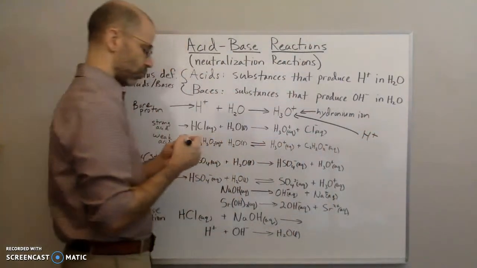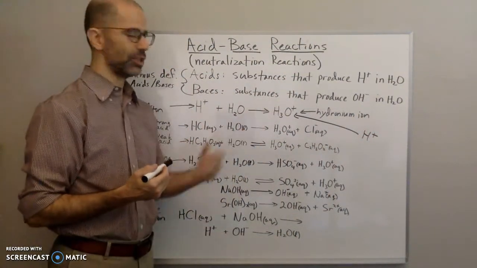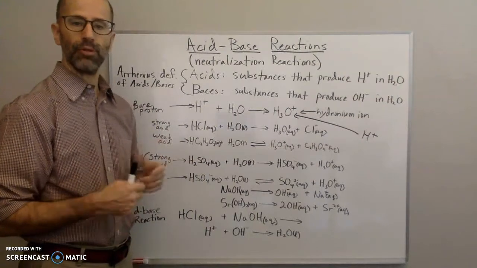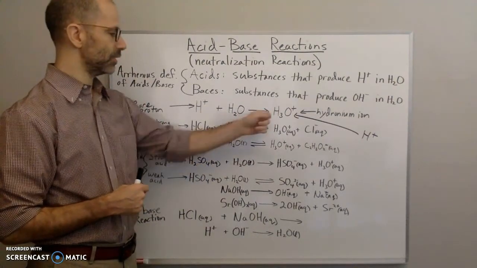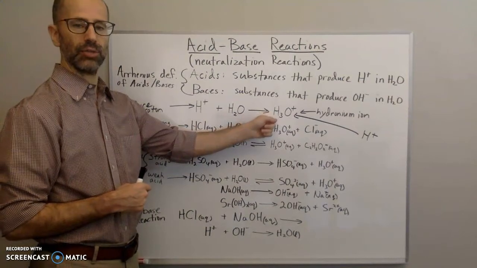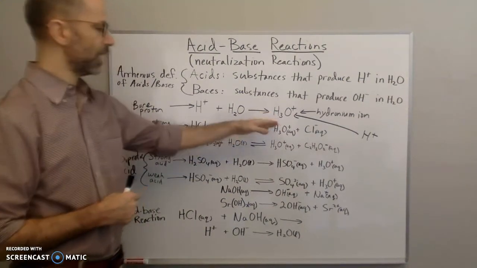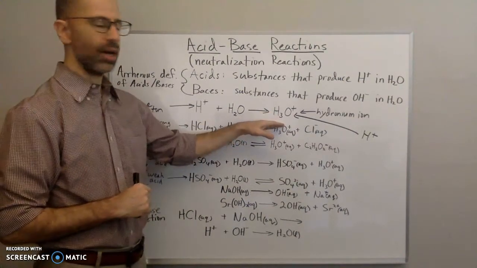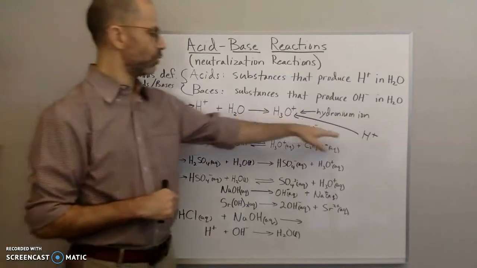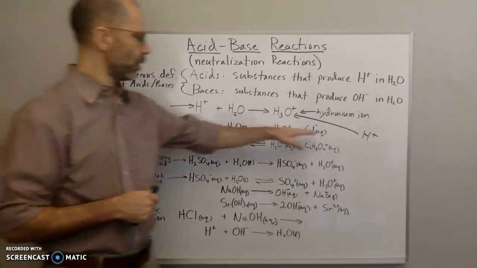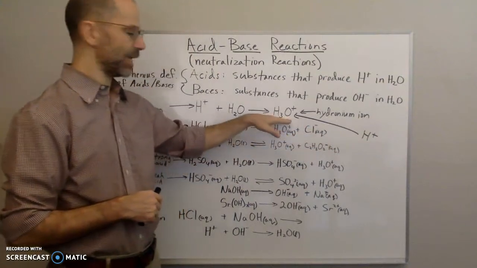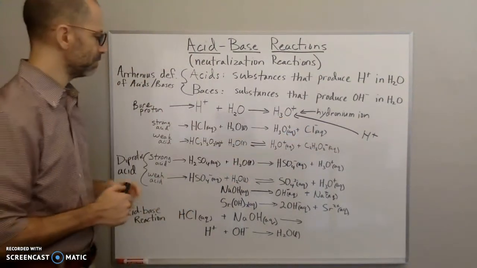So H plus and H3O plus refer to the same thing, which is the hydronium ion. That's what's really in solution. But sometimes we'll make it easier and less complicated, and we'll write H plus instead. Just be aware that if you see H plus, it's really H3O plus, the hydronium ion.